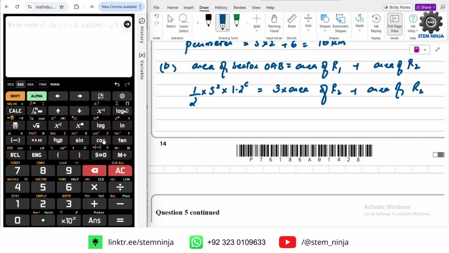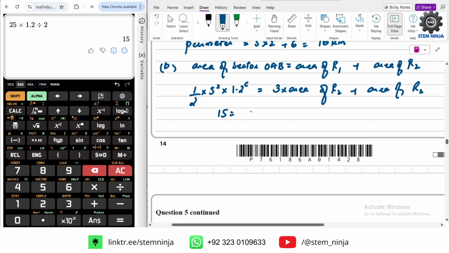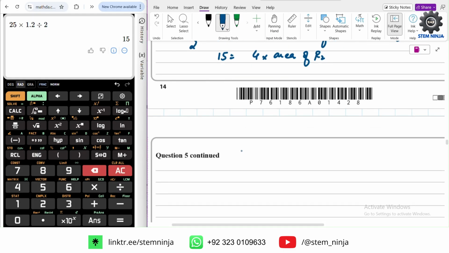So this would be 25 times by 1.2 divided by 2, 15, equals 4 times by area of R2. So area of R2 would be 15 over 4.